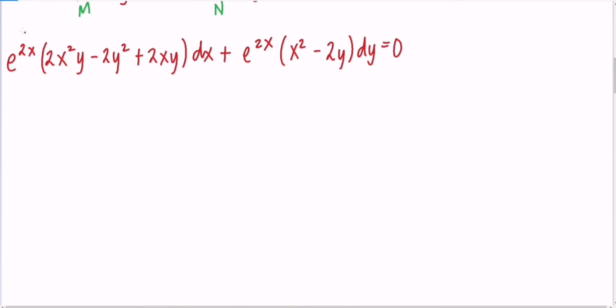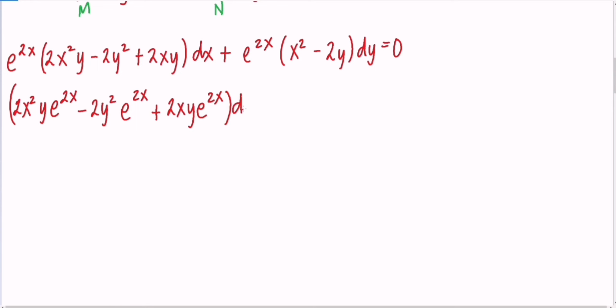So, let's distribute. I'll write the e last. So, it becomes 2x squared y, e raised to 2x. And then negative 2y squared, e raised to 2x. And then the last one would be positive 2xy, e raised to 2x. This is a bit long, guys. dx. Plus, this one, x squared, e raised to 2x, and then negative 2y, e raised to 2x, dy equals 0.